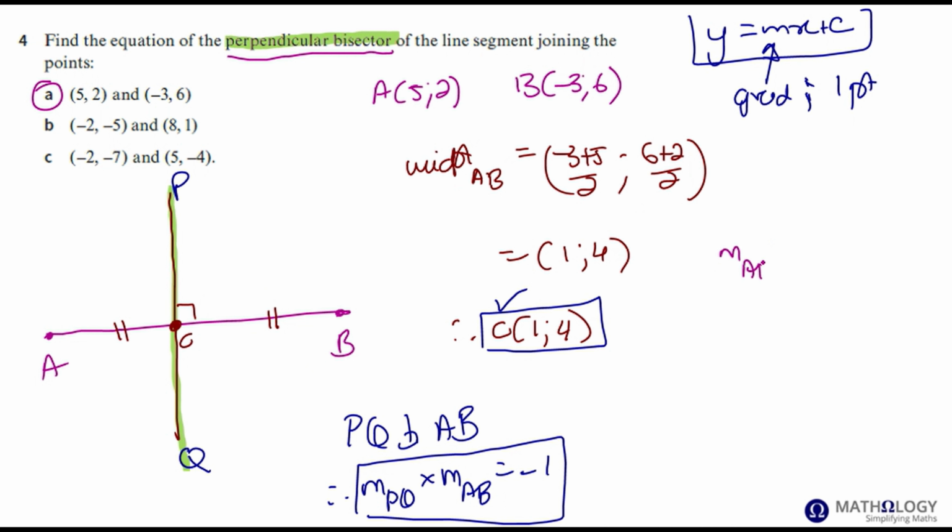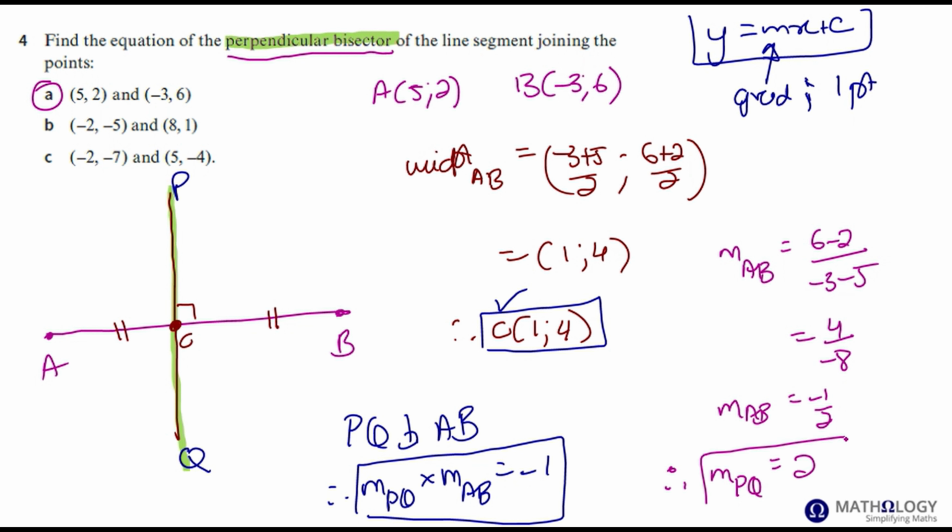The gradient of AB will be (y2 minus y1) over (x2 minus x1), 6 minus 2 over -3 minus 5. That's 4 over -8, which is -1/2. Therefore, because PQ is perpendicular to AB, the gradient of PQ is the negative reciprocal of -1/2, which is 2.